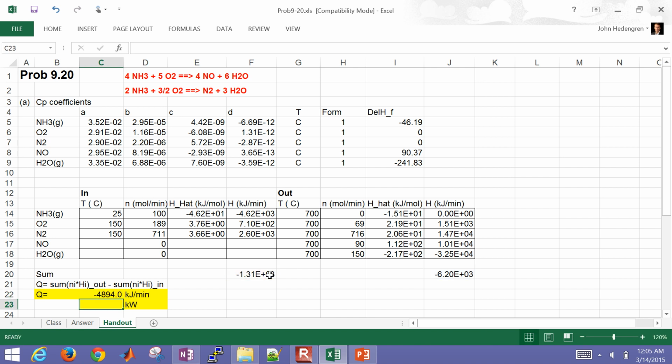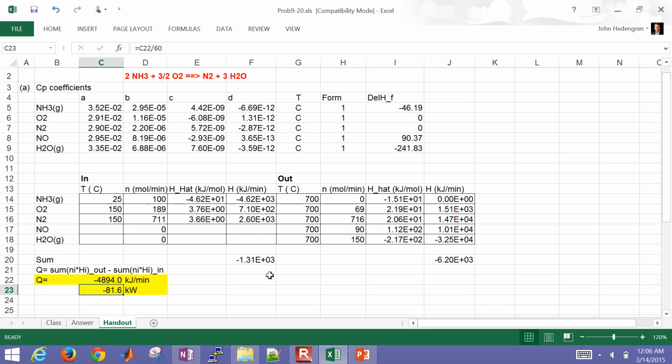That's going to be per minute. And so if I want to get kilowatts, kilojoules per second, then I just have to divide this number by 60. So that's how much energy I'm going to need to remove from the system in order to keep this outlet at 700 degrees C.